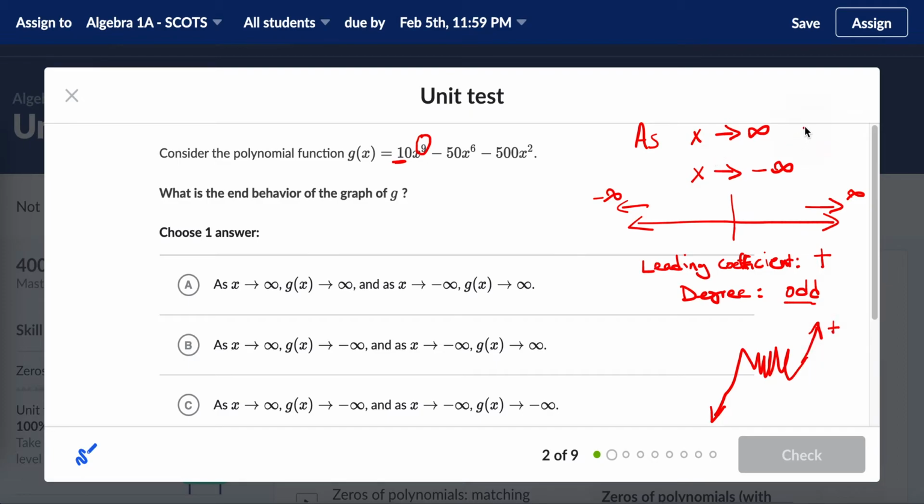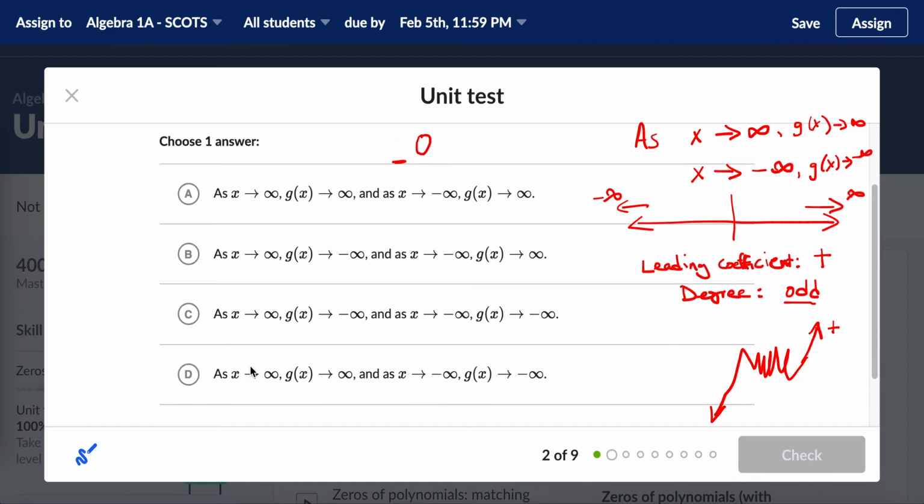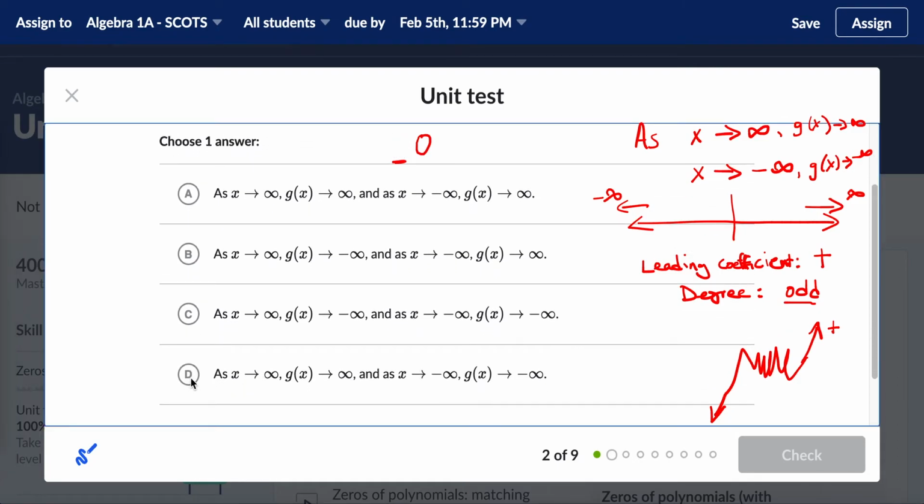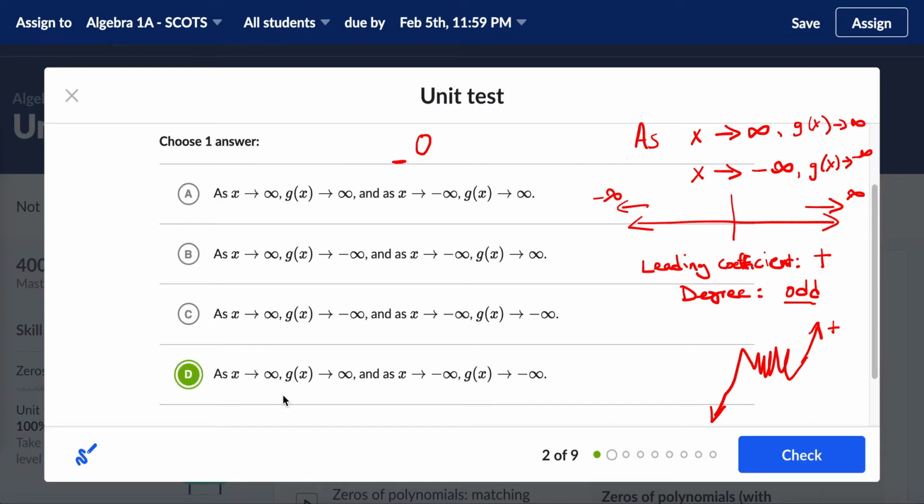So as x approaches infinity, g of x is going to approach infinity, and the other end is going to be the opposite: g of x is going to approach negative infinity as it goes in the other direction. So we're looking for option D. Double check that: as x approaches infinity, g of x approaches infinity. As x approaches negative infinity, g of x approaches negative infinity, and we're done.